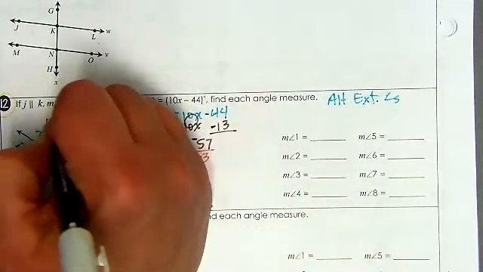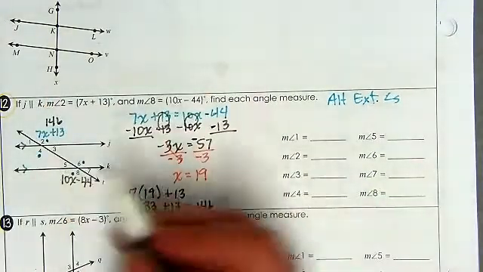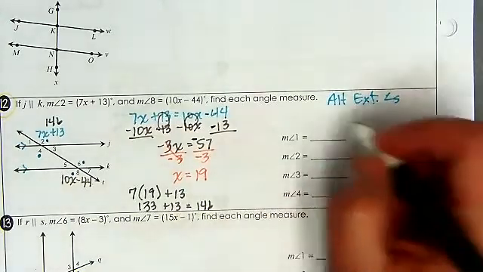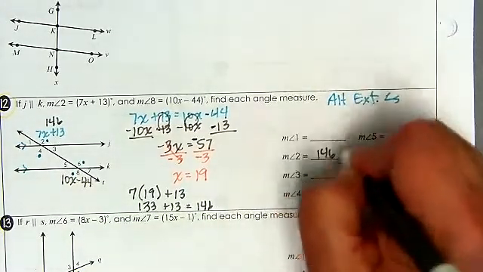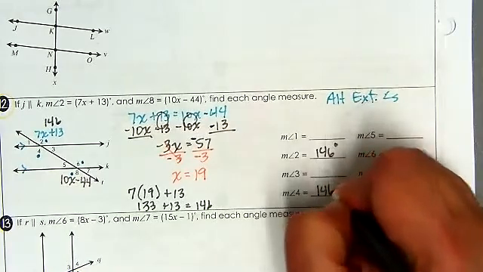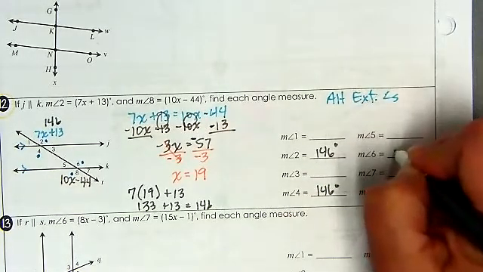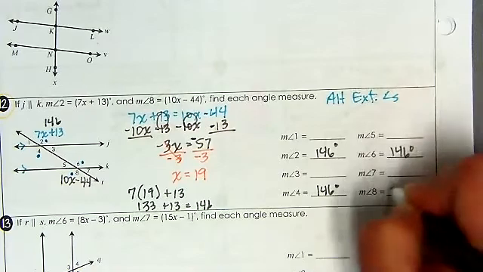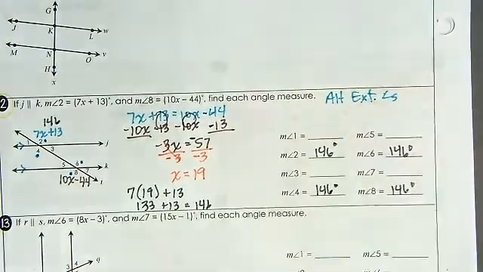So this is 146. That means 2, 4, 6, and 8 are all the same: 146 degrees, 146 degrees, 146 degrees, 146 degrees.